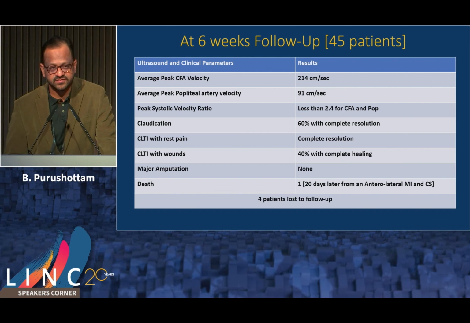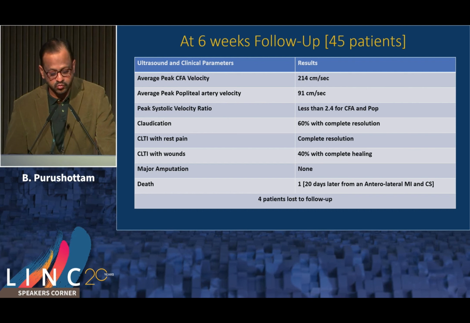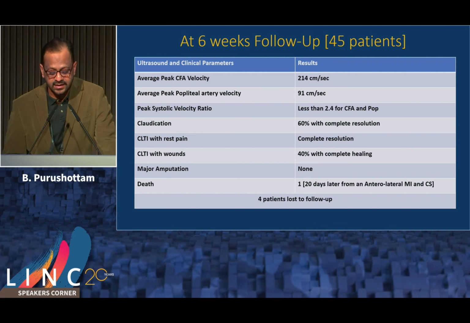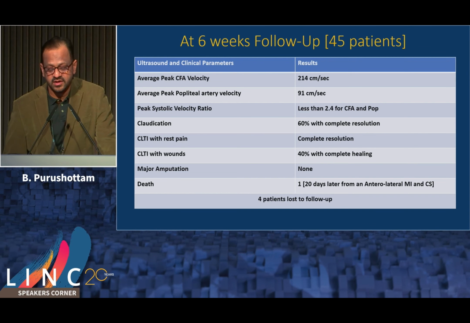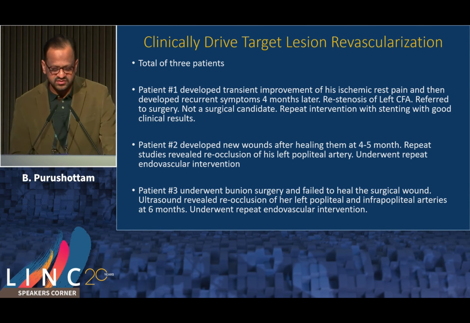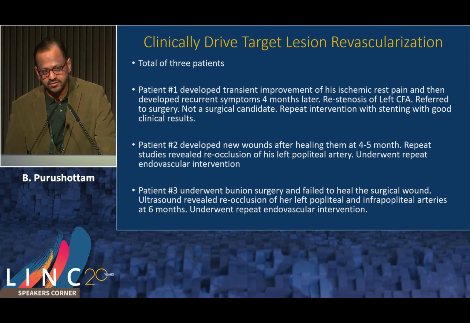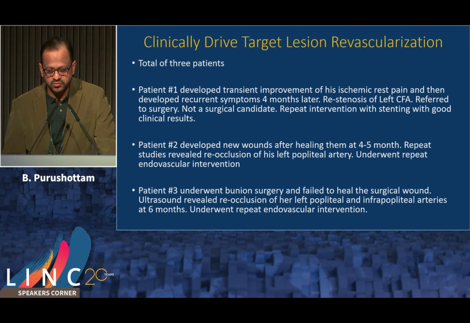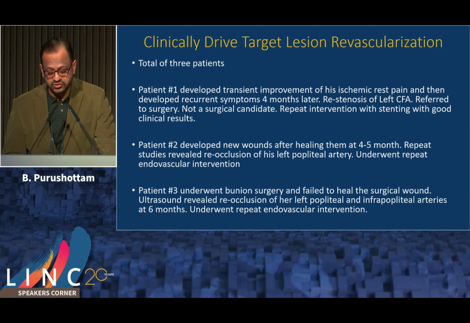Some followed up with us, some followed up at an outside center, and one probably had a major amputation. One patient did die 20 days later from a pulmonary embolism with cardiogenic shock. Of the 3 patients who came back to us in follow-up with CTOs, one developed stenosis of the CFA, was referred to the surgeon, turned down, ended up getting a stent, and did well. The 2 others had re-occlusion, which was re-intervened endovascularly with good success.